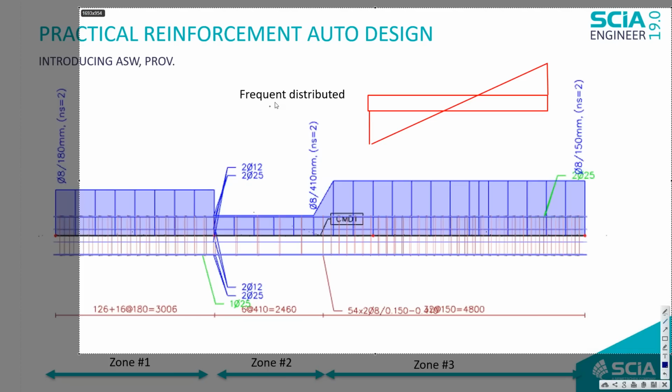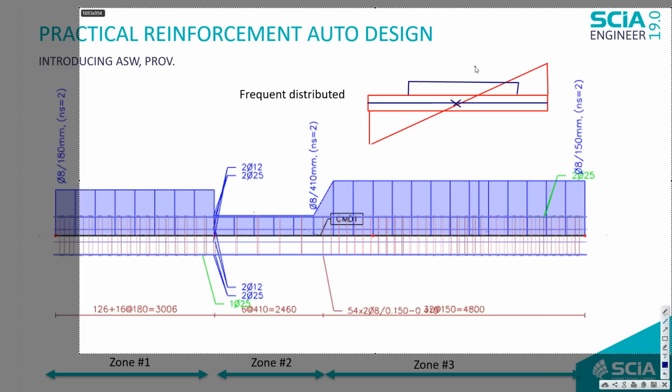The idea of this frequent distribution: in the center here, we almost have no shear forces. So what do we need to apply? We need to apply ASW minimum. Let's imagine we apply AS minimum. It will somehow fit from this point to that point.